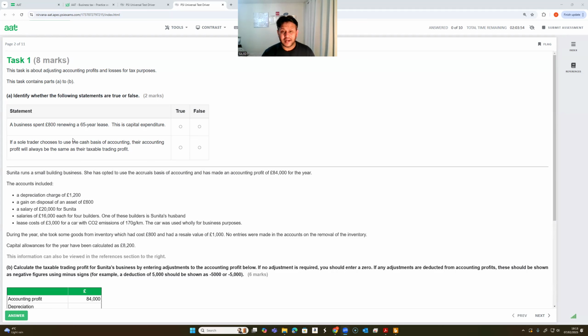For example, if you buy an asset and pay £20 delivery cost, this delivery cost will be part of the capital expenditure. So even though the amount is very small, £800, why we spend it matters: renewing a long-term lease, 65 years. So definitely it is part of the capital expenditure. So we'll say it's true.